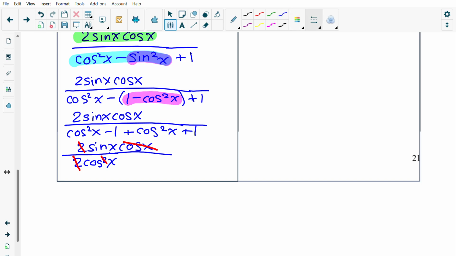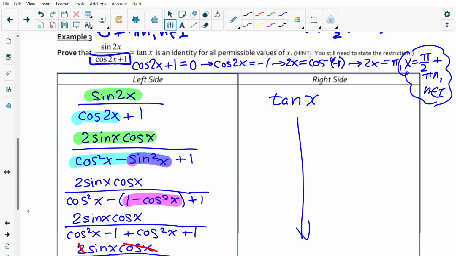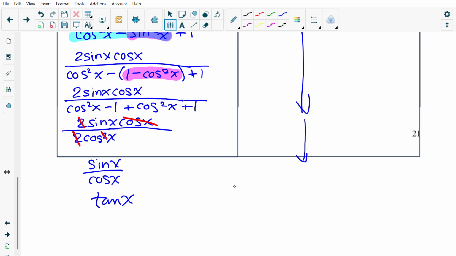So I'm left with sine of x over cosine of x, and that's tangent of x. So all the way on the right side, let's bring it all the way down. That equals tangent of x for the restriction that x does not equal pi over 2 plus pi n, where n is an element of all integers.